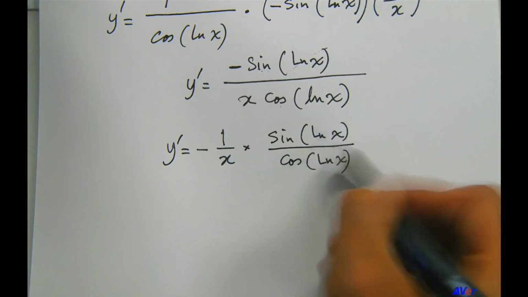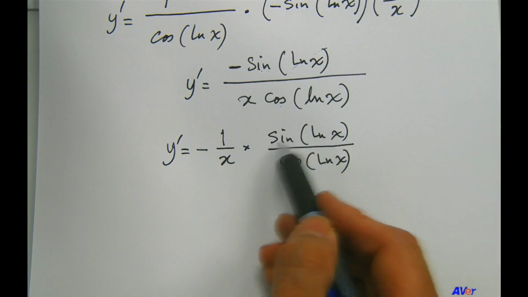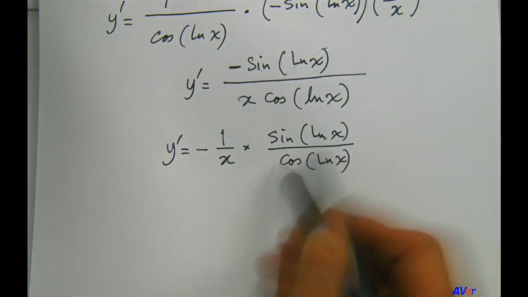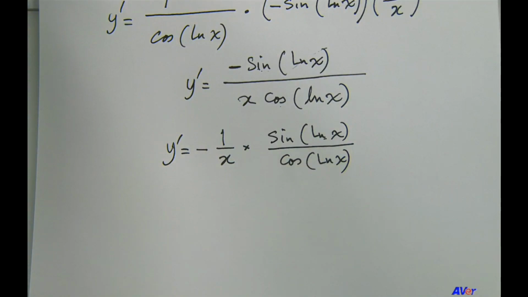Remember, you cannot cancel natural log of x terms here because they are not being multiplied by sine. They are part of the argument of sine. So they stay. So what else can you do to simplify this?